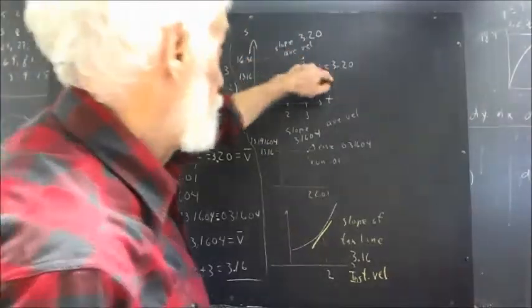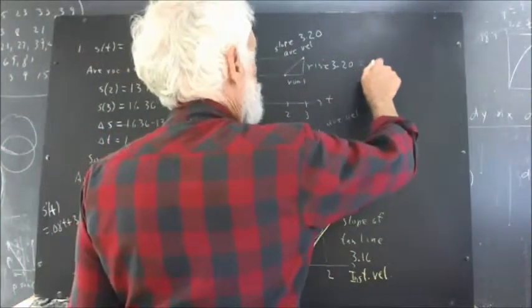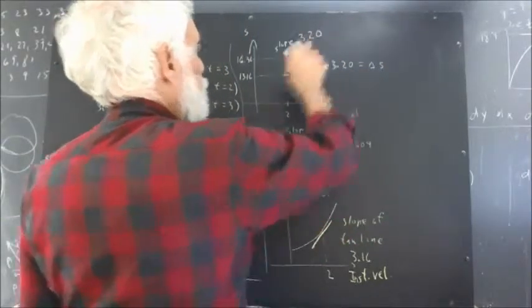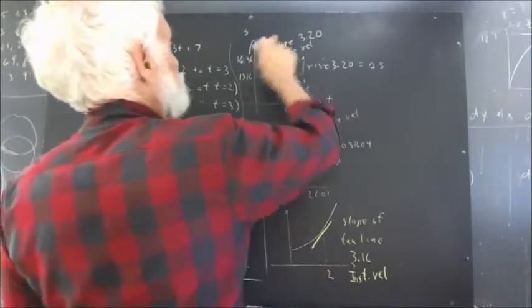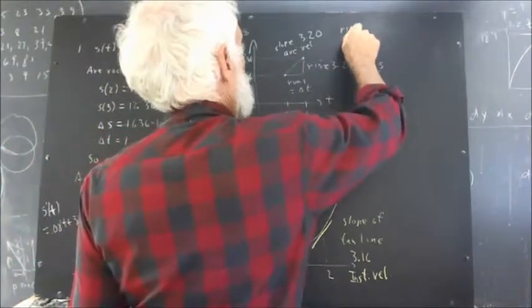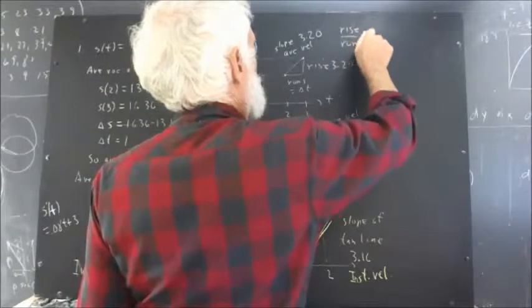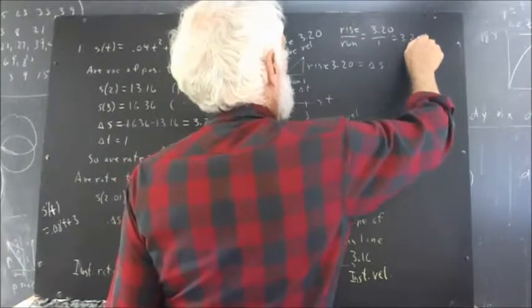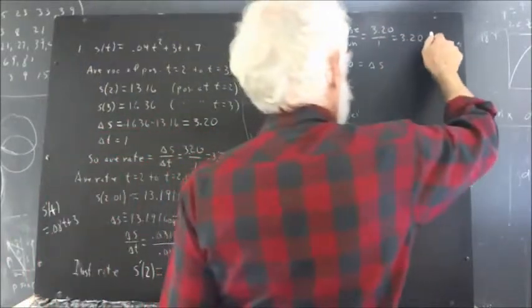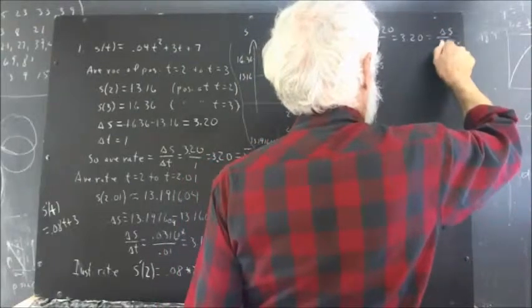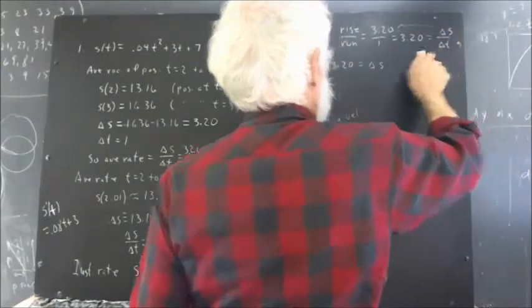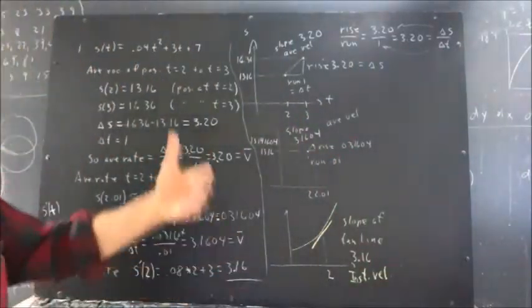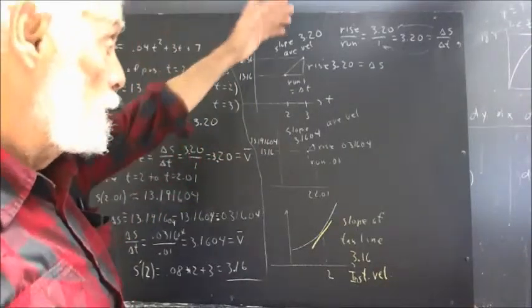So the rise is this, and of course that is your change in position, and your run is 1, that's your change in clock time. So the slope is 3.20, the rise over the run, and that is delta S over delta T, because the 3.20 we identified as a change in position, and the 1 we identified as the change in clock time.